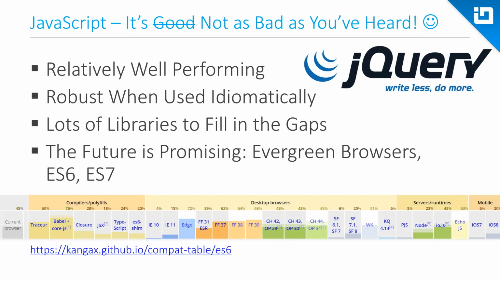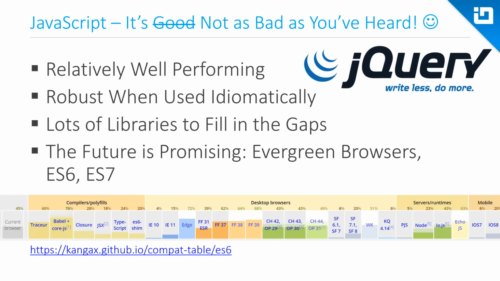The future is promising. I've already mentioned the evergreen browsers. They're constantly working on this, and you can see here this little picture from the URL down there. Kangax is a pretty well-known guy in the modern web space, and he maintains these tables where you can see, for the different features of ES6, ES7, and so on, how well the browsers support them. And on the left there, you can see compilers and polyfills, so you can get a sense of how well those are hitting the standards as well.